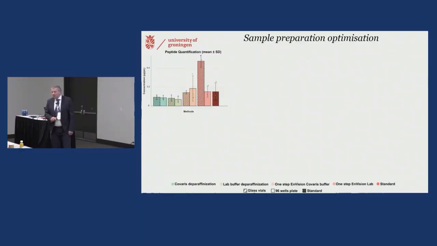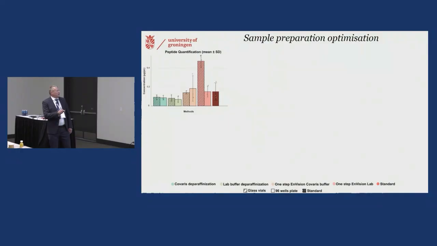The first thing that we did was optimization, to see which protocol provides the best approach. So here we tried out 4 different sample preparation protocols. You have the standard method, which is very lengthy, includes many steps, and needs a large volume and large reagent set.